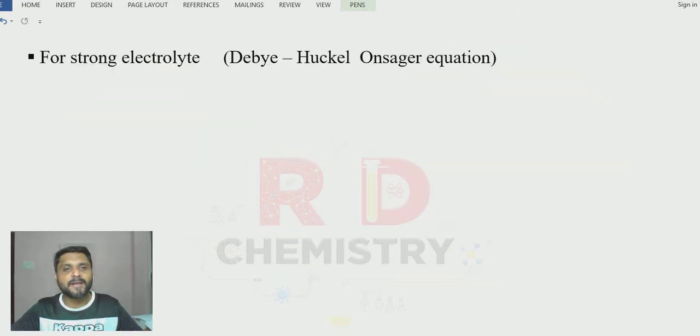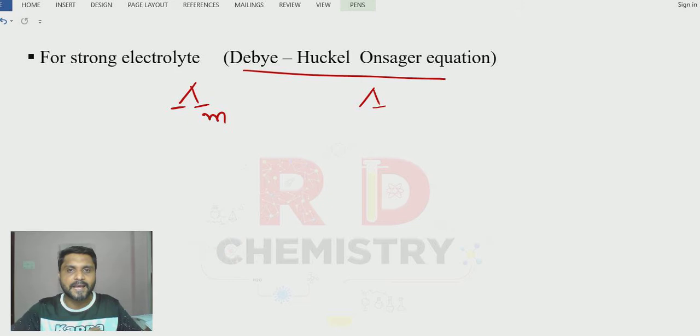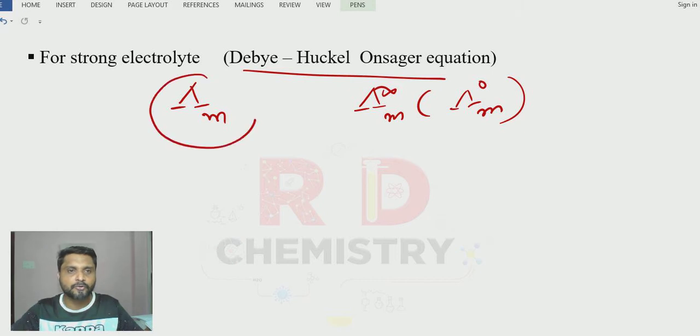We have one formula for strong electrolyte, that is the Debye-Huckel-Onsager equation connecting lambda m, molar conductivity, and lambda m infinity or lambda m 0. Now lambda m, you know, is the molar conductivity. What is lambda m infinity? It is the molar conductivity at infinite dilution.